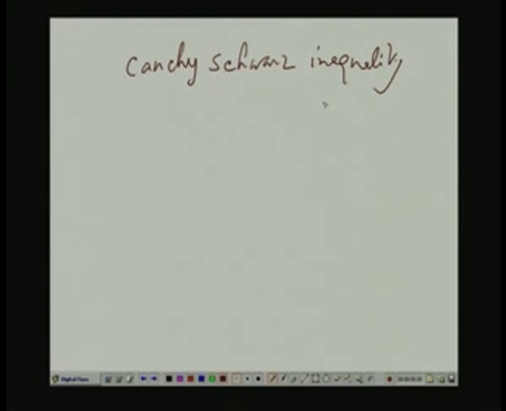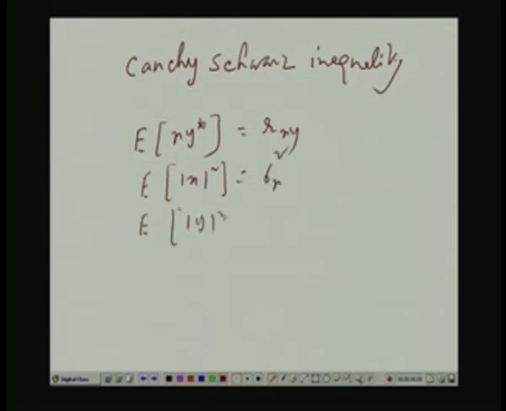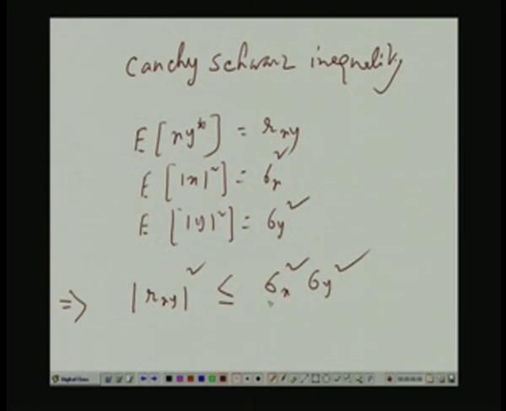Nevertheless, suppose x and y are two random variables given to you, then this inequality says that if you take the correlation E[x y star] and call it R x y, and E of mod x square you call sigma x square, and define sigma y square similarly, then if you take the correlation, which in general could be complex, take the mod of that and square, it is less than or equal to sigma x square sigma y square.